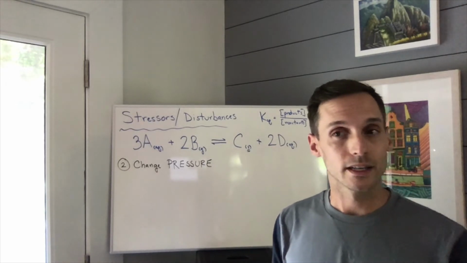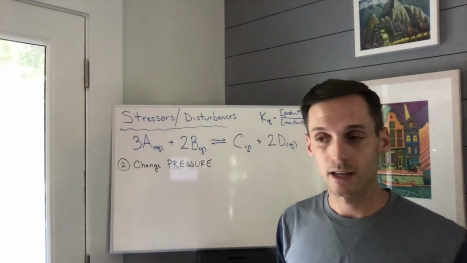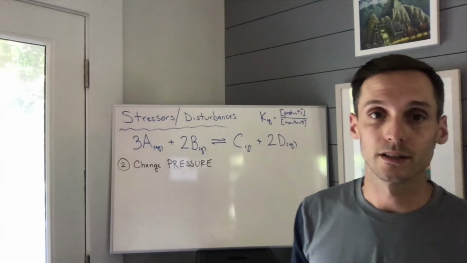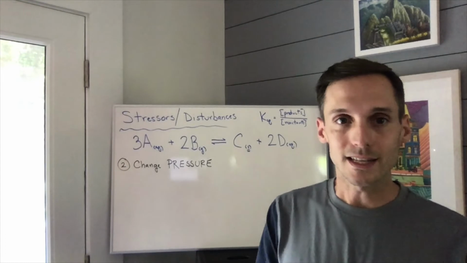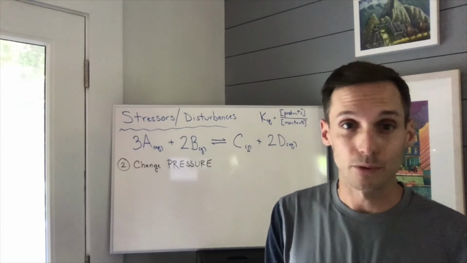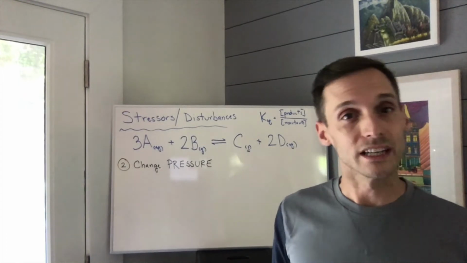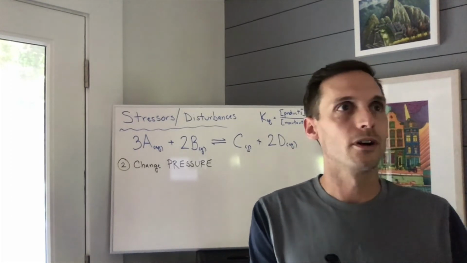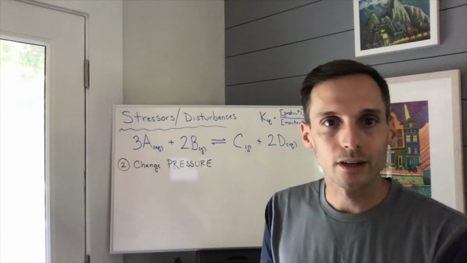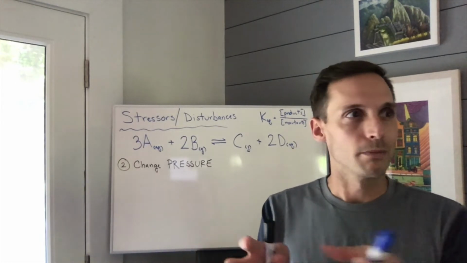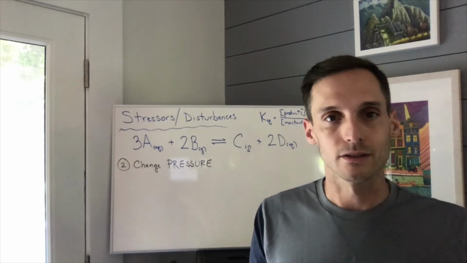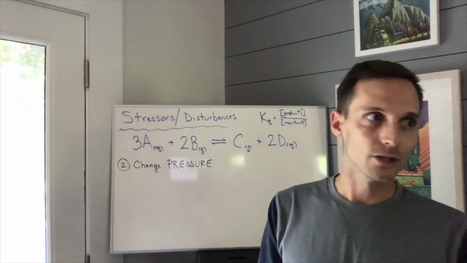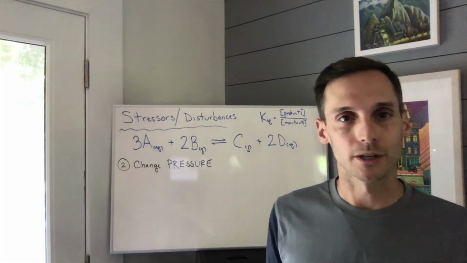We learned about it in the gases unit with Boyle's law, which states that if the volume is decreased, then the pressure is increased, right? Because they're inversely related. So if you would just stuff your reaction in a 1 liter vessel compared to doing it in a 3 liter vessel, so you're decreasing the volume, that could increase the pressure. Likewise, you could do the opposite to decrease the pressure, okay?